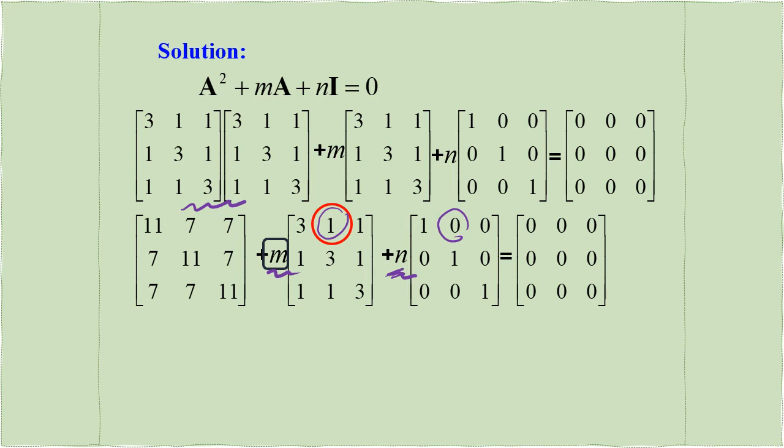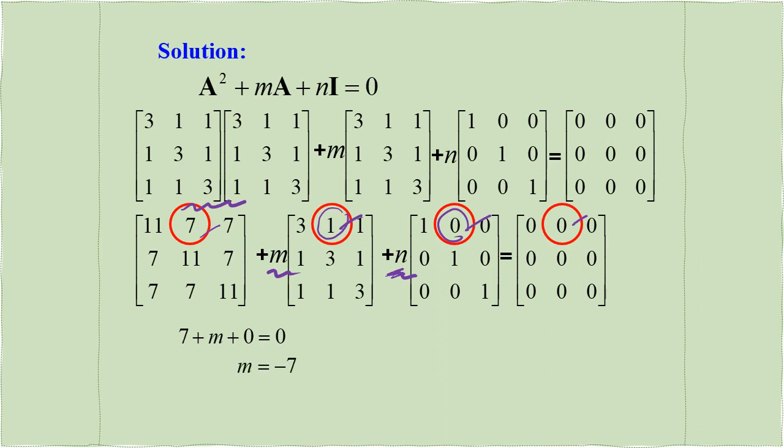So the first row second column element gives 7 plus 1m plus 0n equals 0. Directly we know that m equals negative 7.